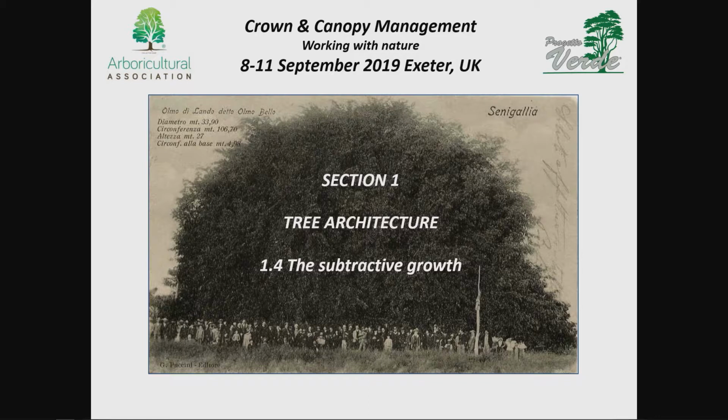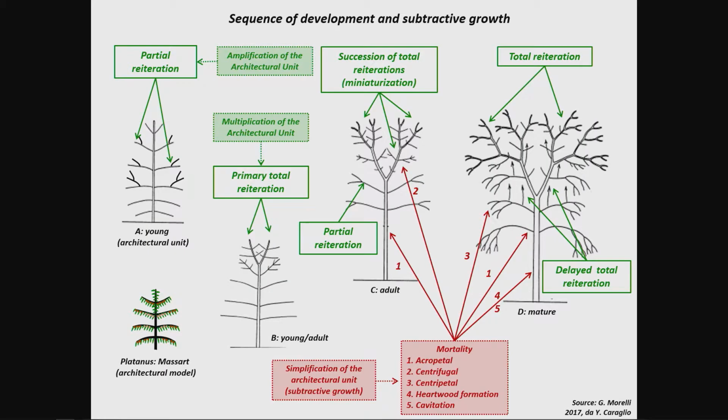So we call this loss of parts subtractive growth. It's a growth because it colonizes the environment, but differently. So again, we go back to our plane tree, and to understand it better, we need to add this concept, the subtractive growth: the mortality of parts that were added once.